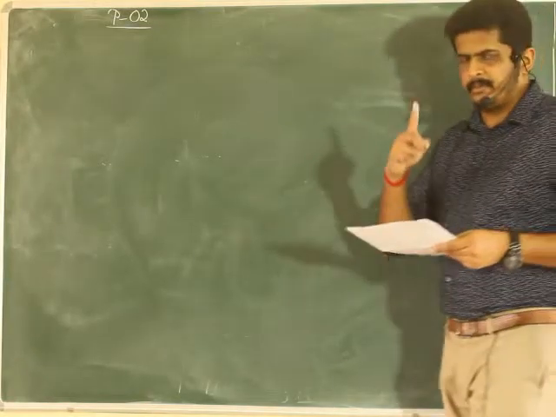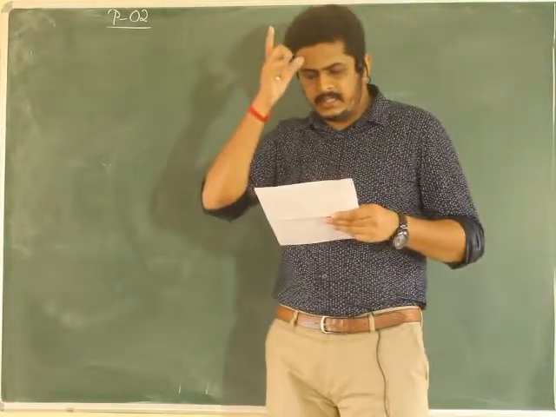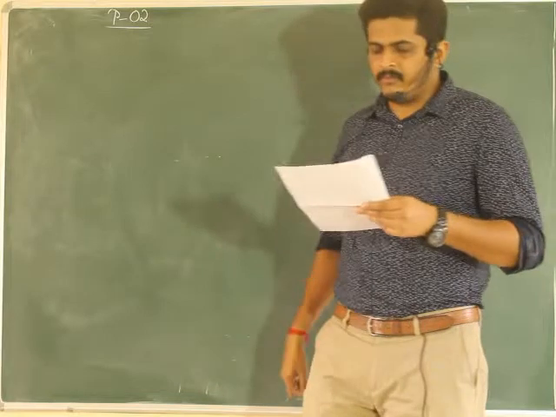If the total time elapsed is t, then find the maximum velocity. They are asking a question without giving any numerical values, just taking notations like alpha, beta. We are taking alpha, beta to represent accelerations.